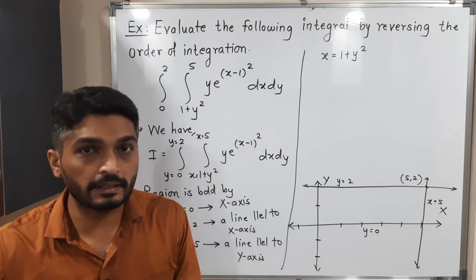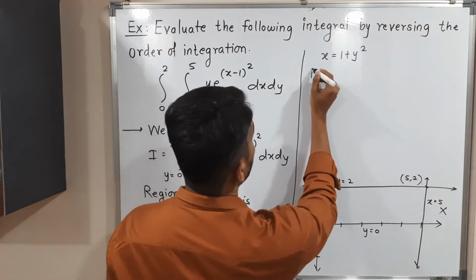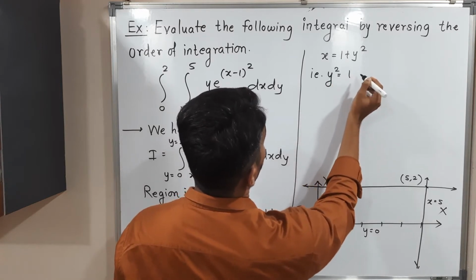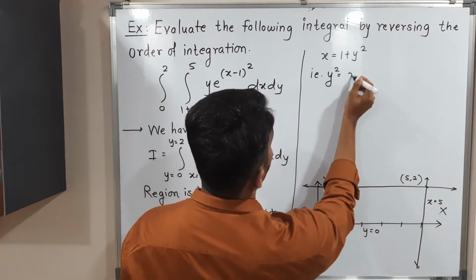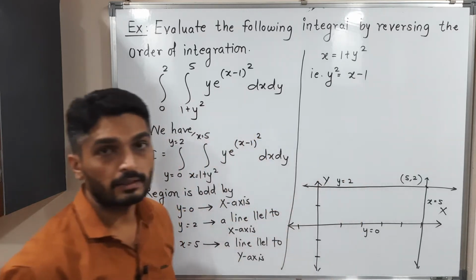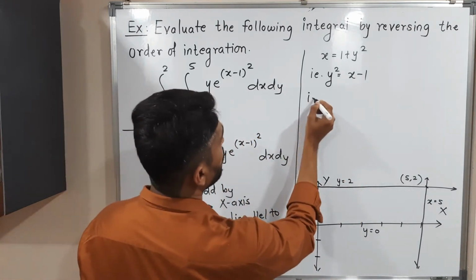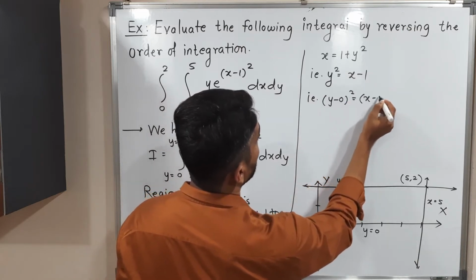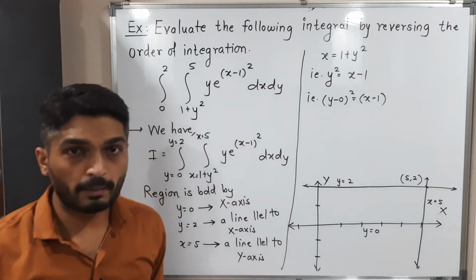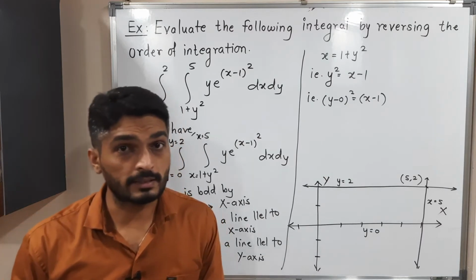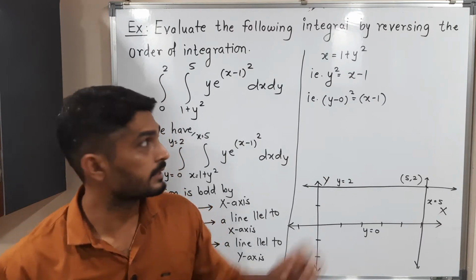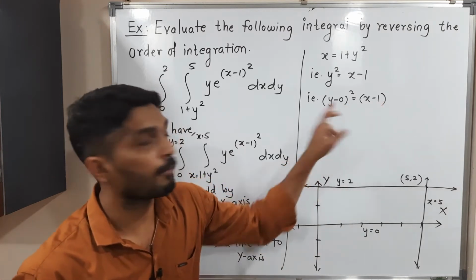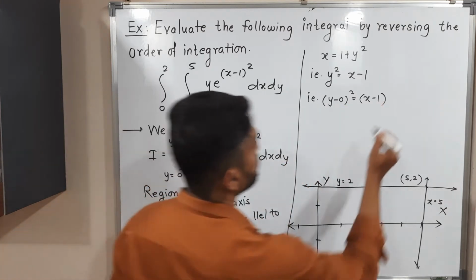Let me write it in its standard form: y square is equal to x minus 1, that is, (y minus 0) square is equal to x minus 1. This is a parabola symmetric about the positive x-axis since x has a plus sign, and vertex at (1, 0).